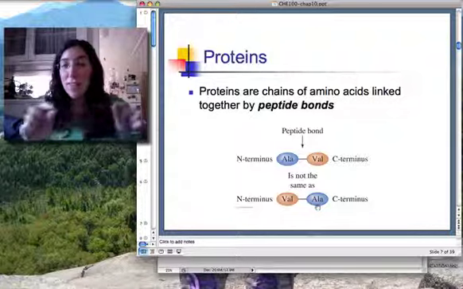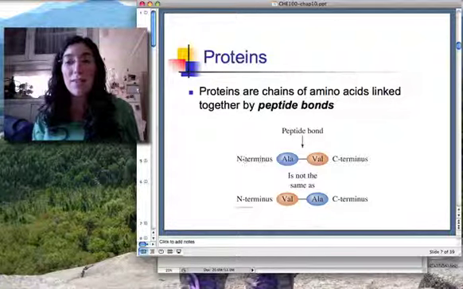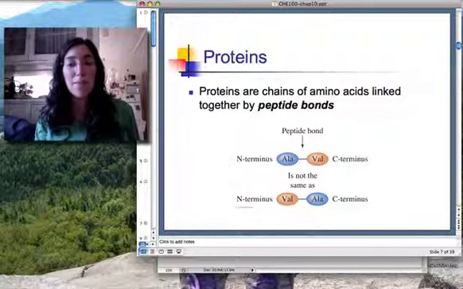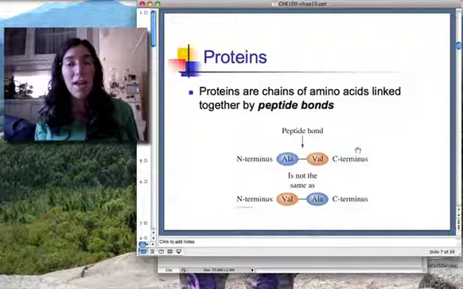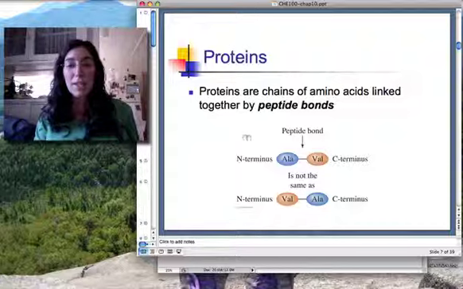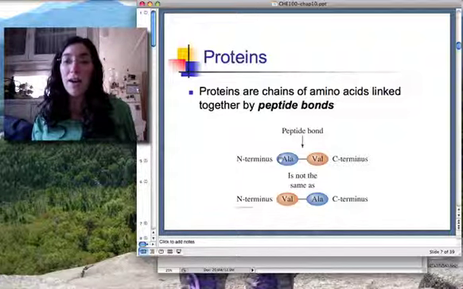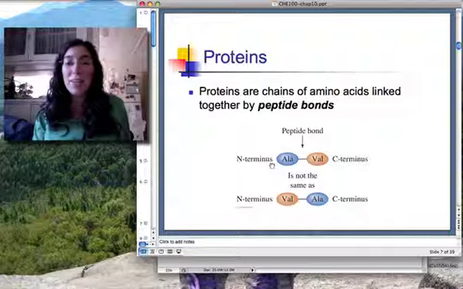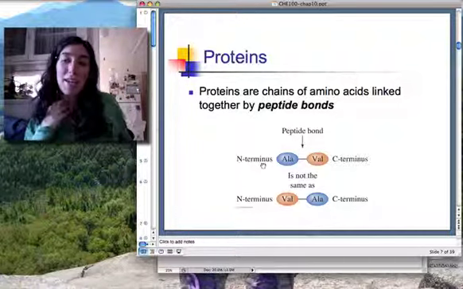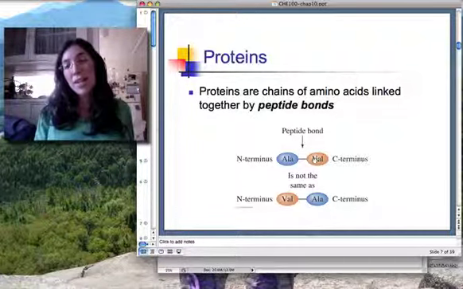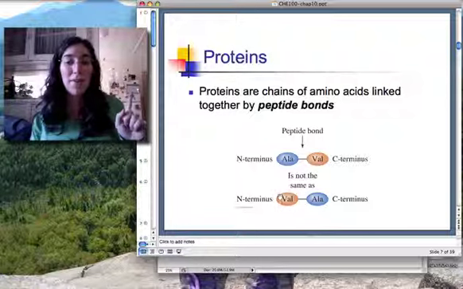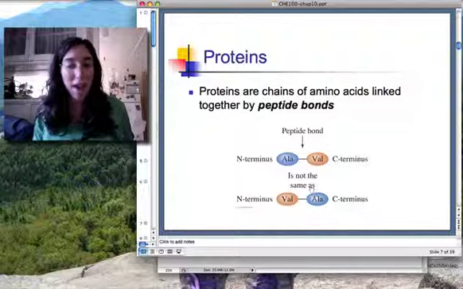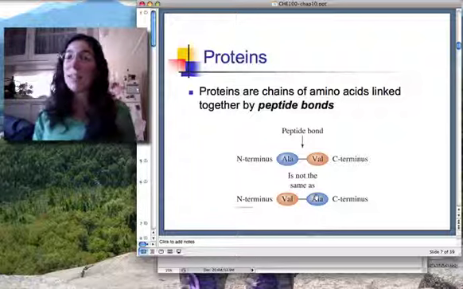They're not the same because they're different ends. So this one has the amino terminus on the left and the carboxy terminus on the right. You always write protein sequences N terminus to C terminus. If alanine's left hand is holding valine's right hand, it's different than if valine's left hand is holding alanine's right hand. It's slightly different.